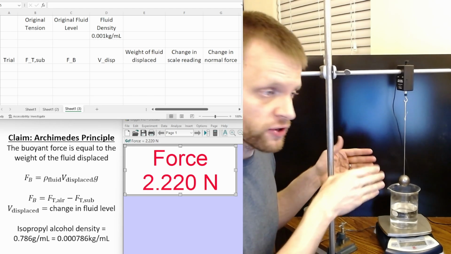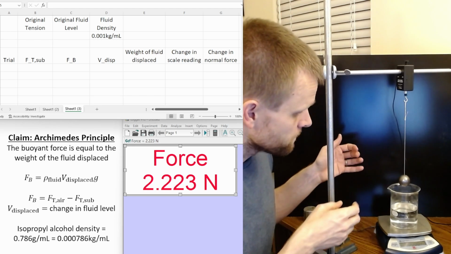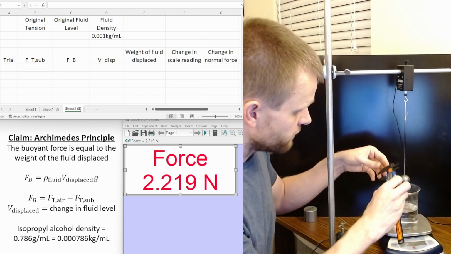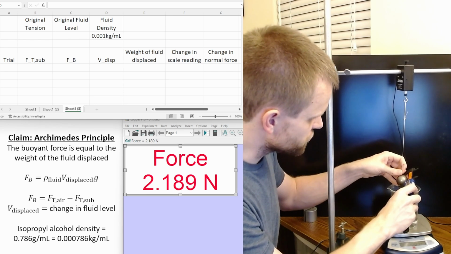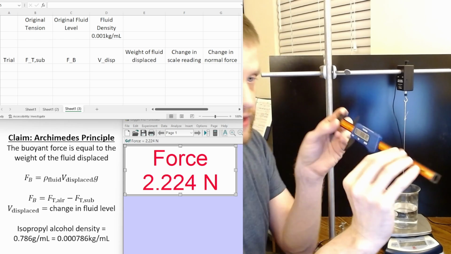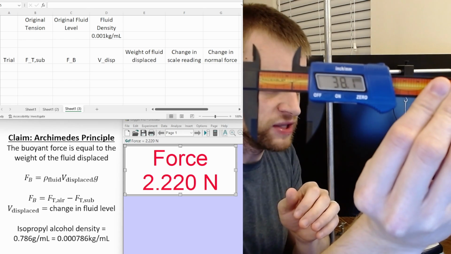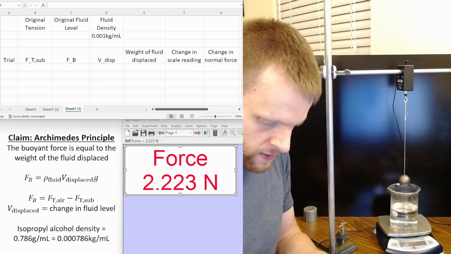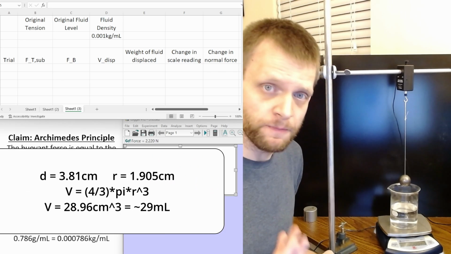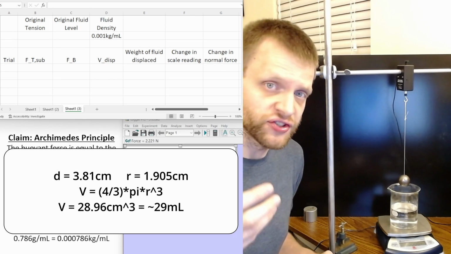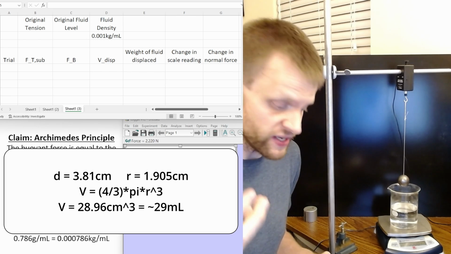Now, unfortunately, this sphere is too large to fit in the graduated cylinder, so to figure out the volume, we can just measure the sphere. If I take my calipers and measure the diameter of this sphere, I'm getting 38.1 millimeters. We can convert that to 3.81 centimeters, divide by 2 to get the radius, and then the volume of a sphere is 4/3 times pi times the radius cubed.